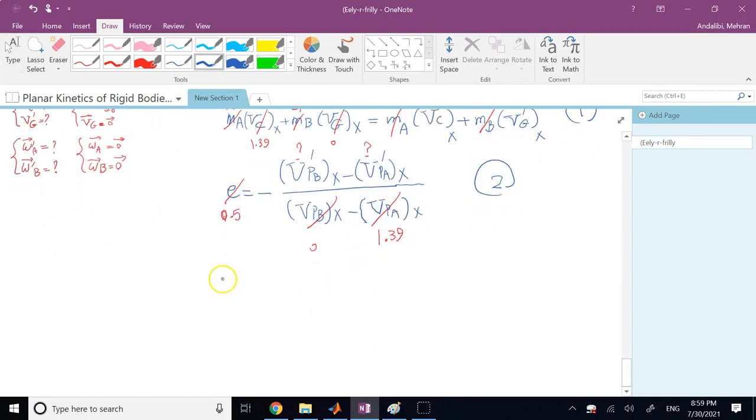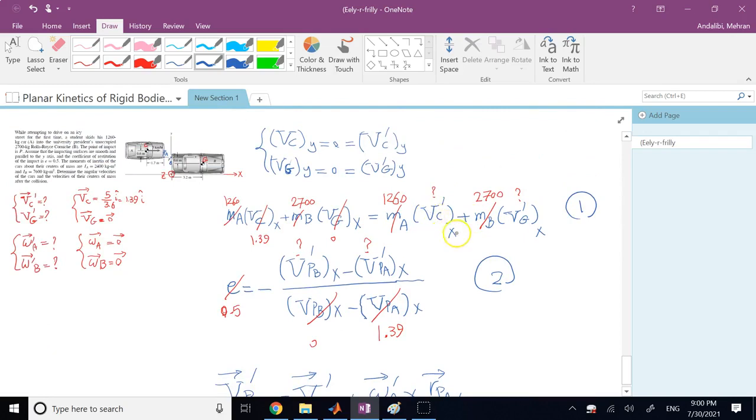So what you need to say is V prime at PA is equal to V prime at C plus omega prime A cross R of PA with respect to C, correct? The relative velocity formula between 2 points on a rigid body. Good.